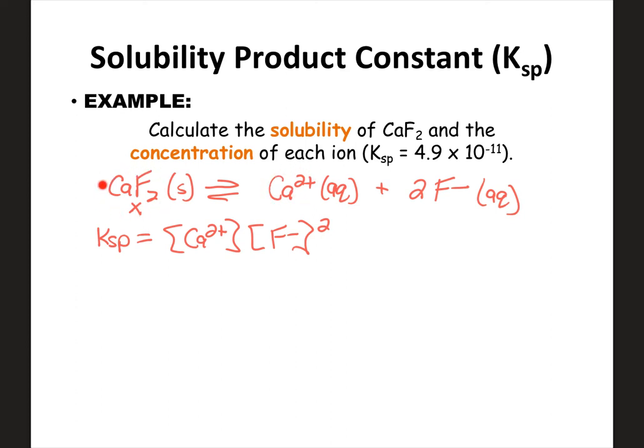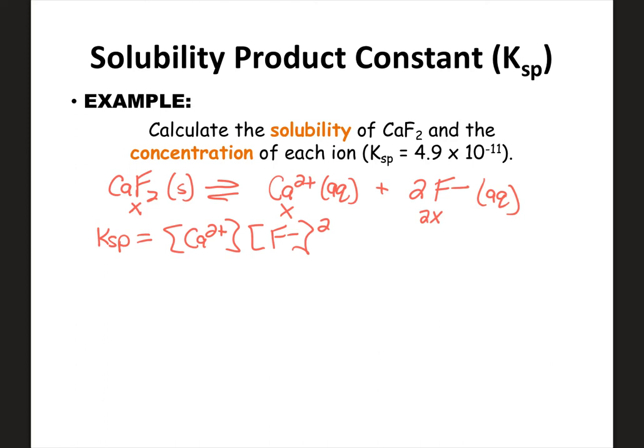So if you know this concentration is X, well, then the concentration of your Ca2 plus would also be X, all right? But then when you're looking at the concentration of your CaF2, whatever that value is, you need to realize here that the concentration of the F minus is going to be twice that value, all right? Because it's a 1-to-2 ratio. Okay, so we would assume the concentration of F minus would be 2X. So now you have kind of something to work with here when you're plugging in.